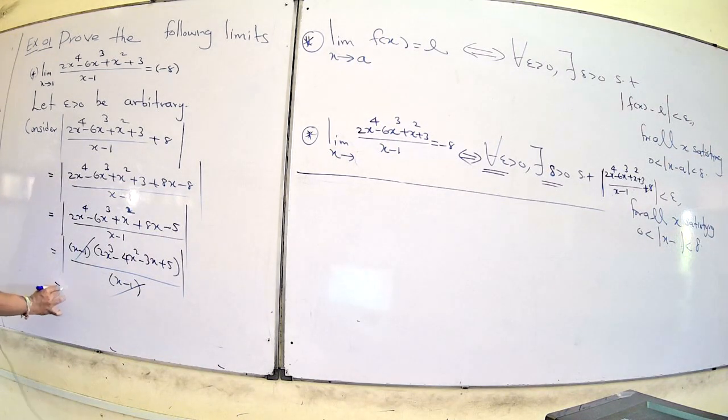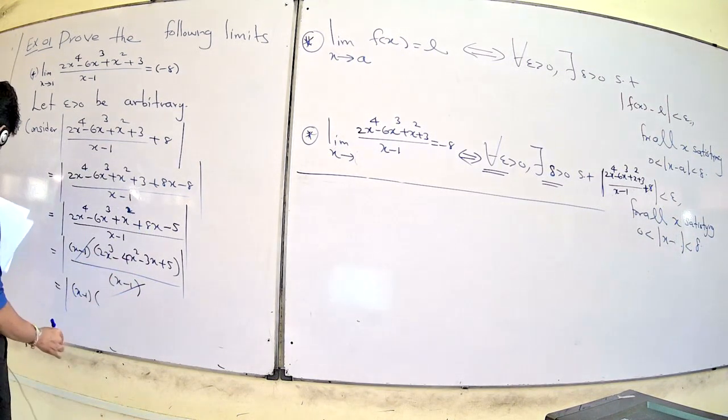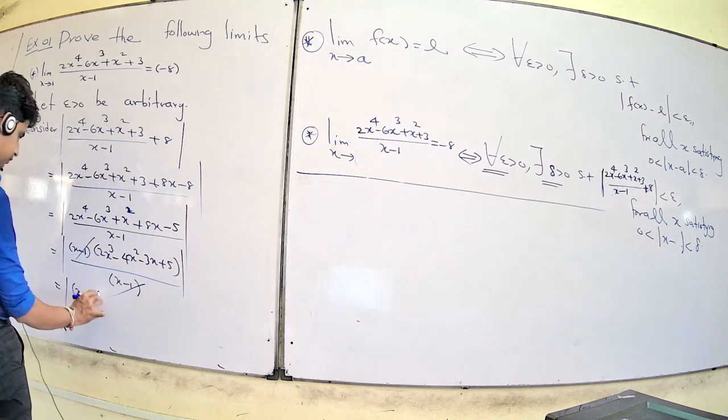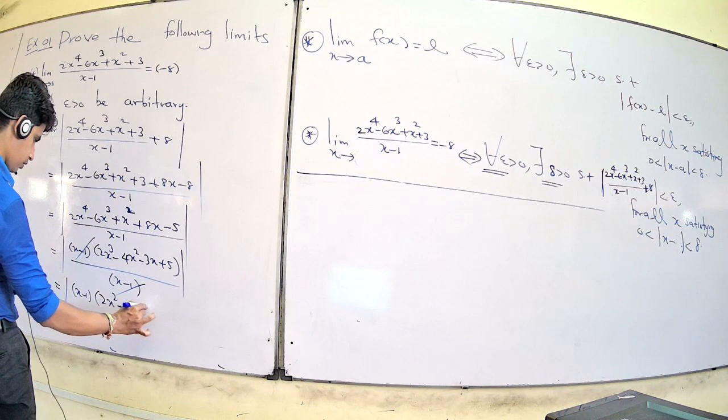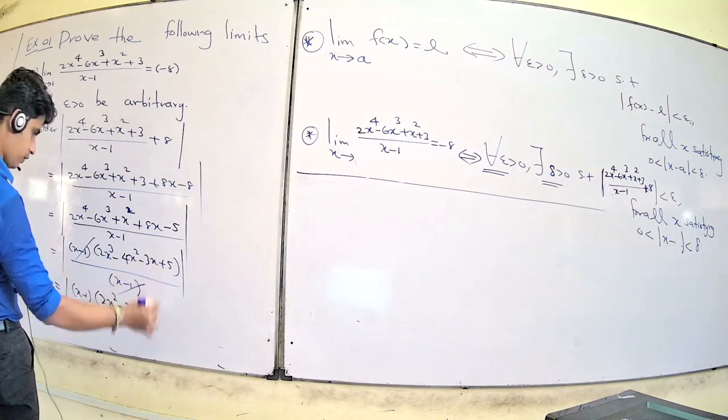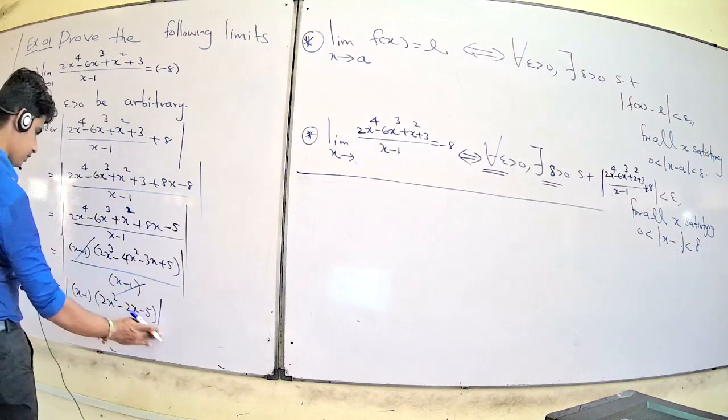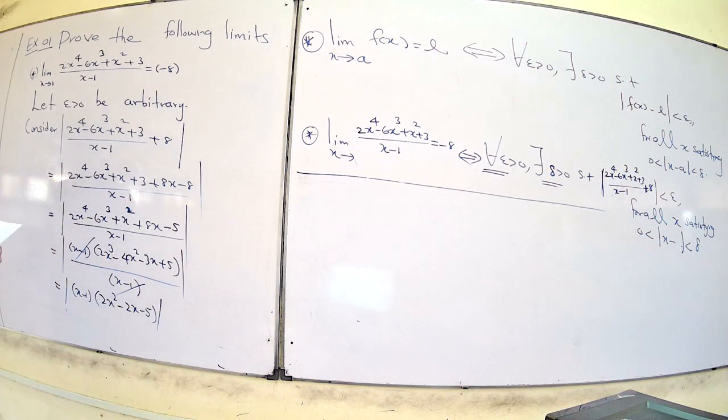Then you can again factorize, x minus 1 times 2x squared minus 2x minus 5. Again factorize.